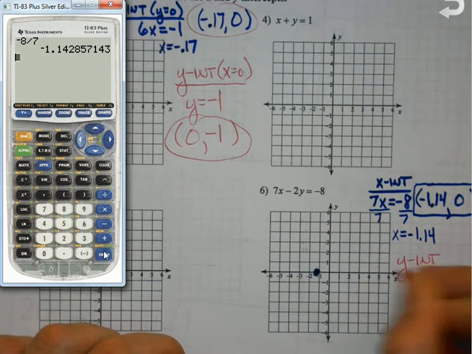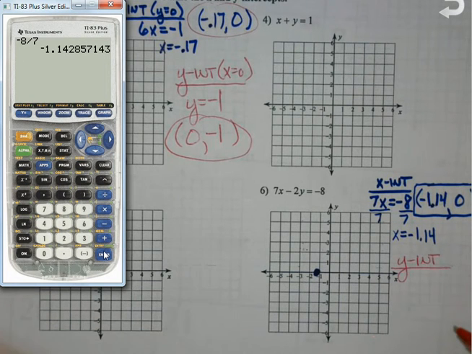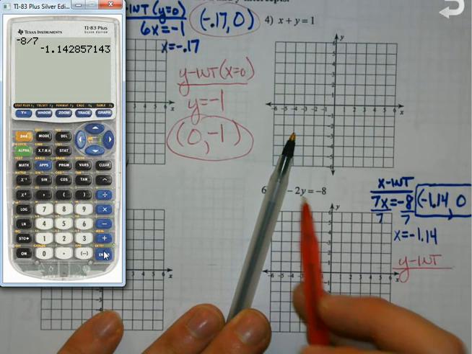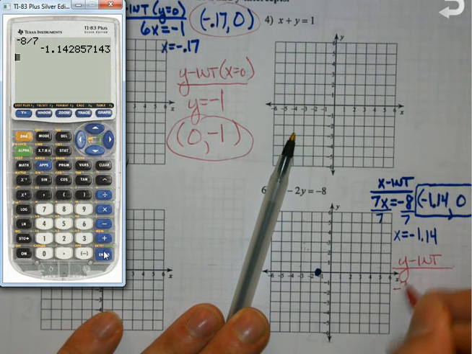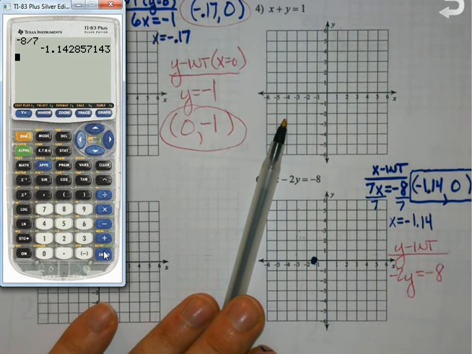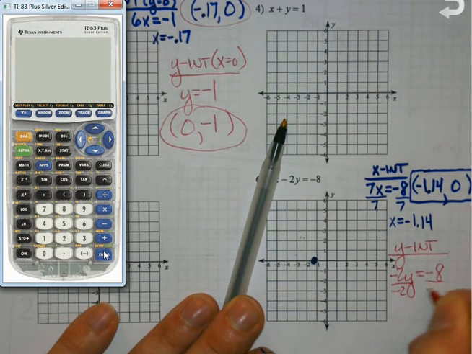My y-intercept, and I pretend the x part disappears. But I still want this negative that's here. So what's my one step to get y alone here? Divide by negative 2. And negative divided by negative is positive.